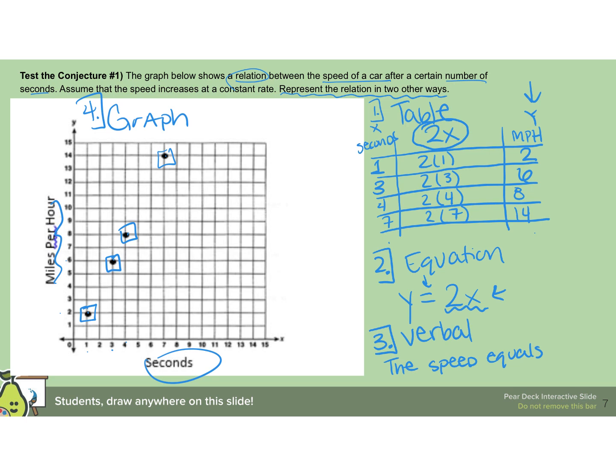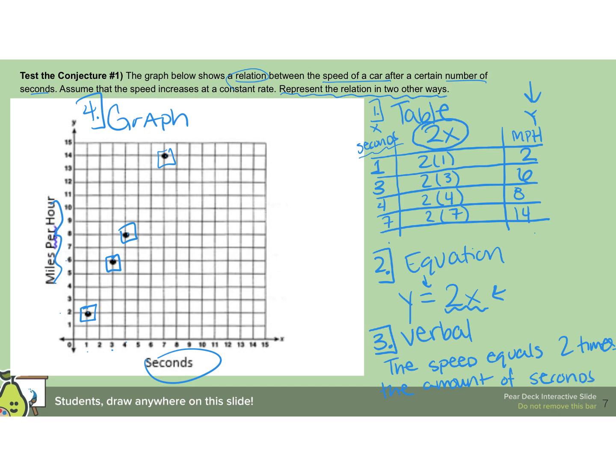What does x stand for? The amount of time. The speed equals 2 times the time, or 2 times the amount of seconds. And that's it. Just turn that equation into words.